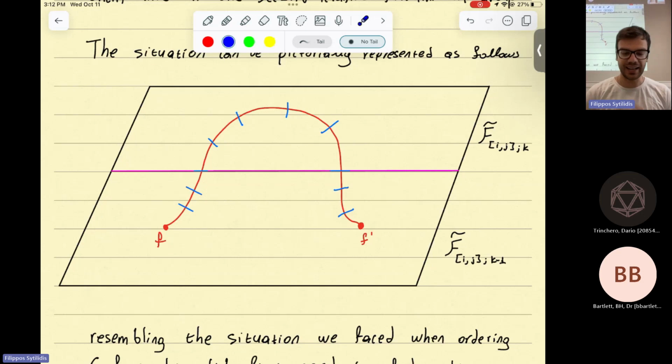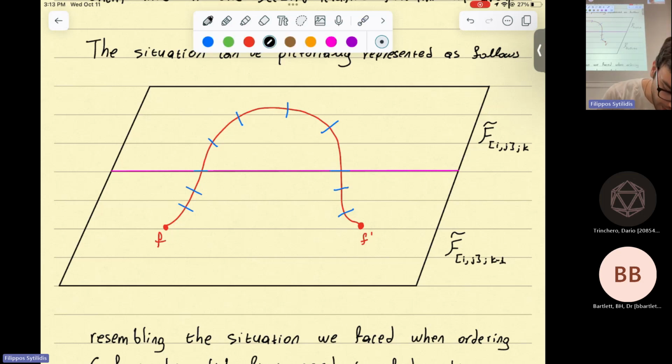This is the picture that I've already drawn previously, and that's the picture in which we are going to start doing things. So this is a path in a space of functions, and we start with f and f prime, and both f and f prime live in what previously I was denoting F0 ij comma k minus 1.